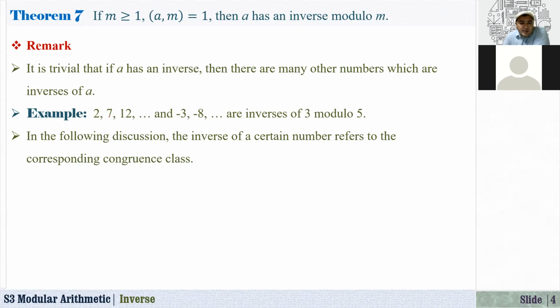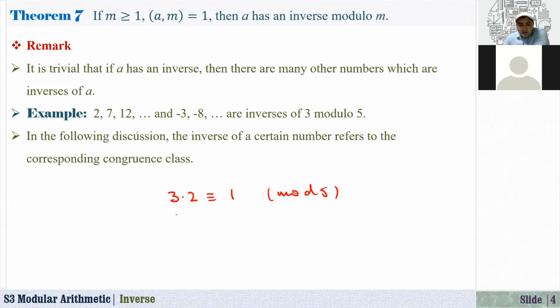For example, 2, 7, 12, and so on, and -3, -8, maybe -13, and so on. These are all inverses of 3 modulo 5. Because 3 times 2 is congruent to 1 modulo 5.